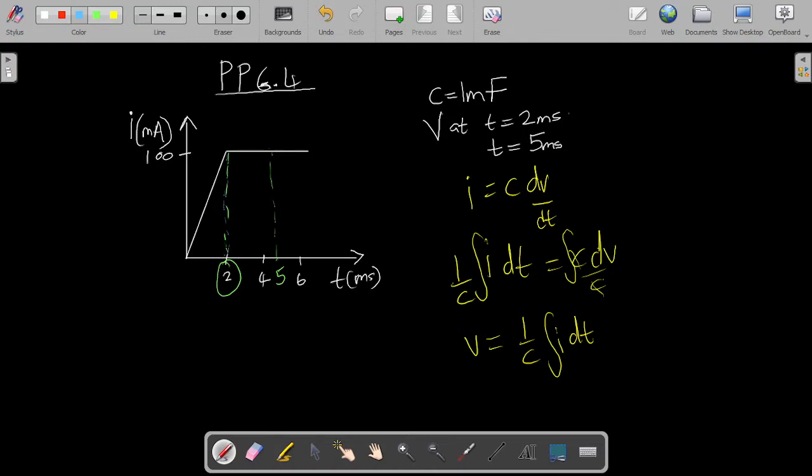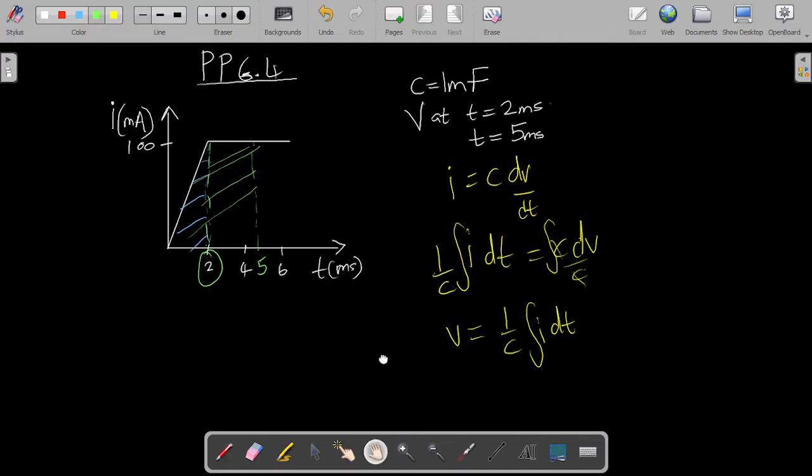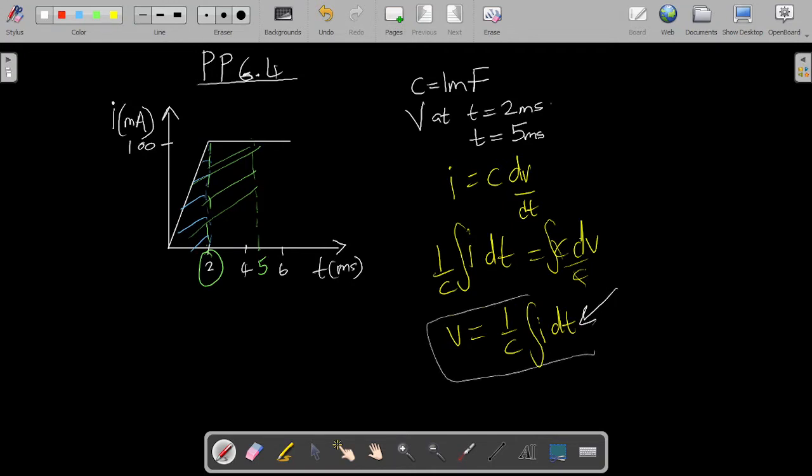For 2 milliseconds, it will be this area over there. For 5 milliseconds, it will be all of this area until we reach 5, including this portion of 2 milliseconds. Previously, I calculated the areas directly by using the triangle and the rectangle over there. But now I want to use this integral, so let's keep this formula in mind, and that is what we're going to use.